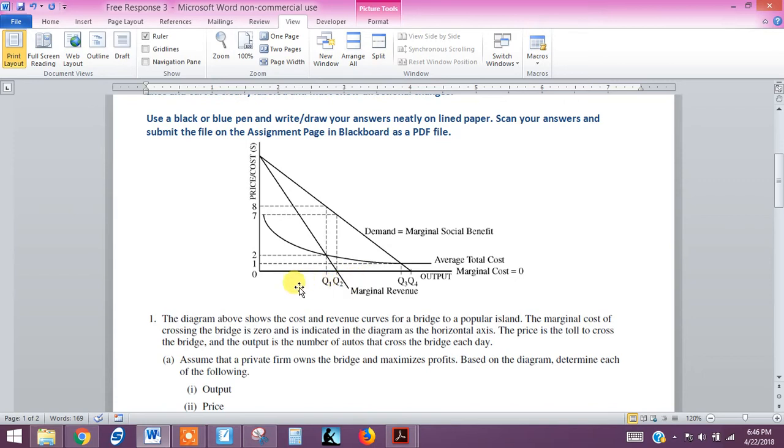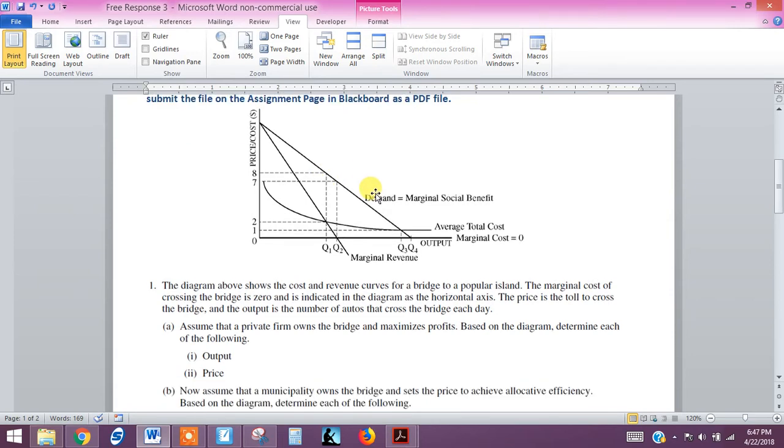If the owners of this bridge want to maximize their profit, they're going to look at where marginal revenue equals marginal cost, set their output there, and then go up from there to the demand curve to find price.